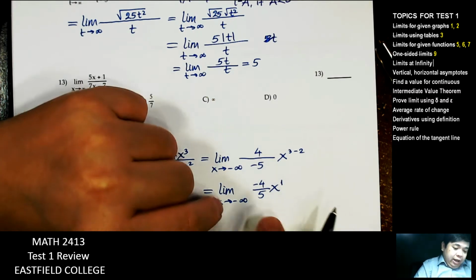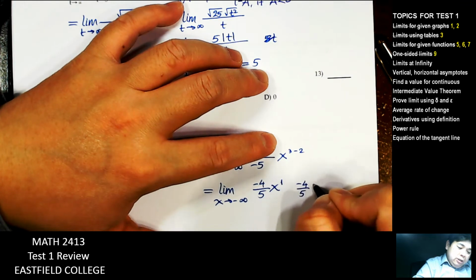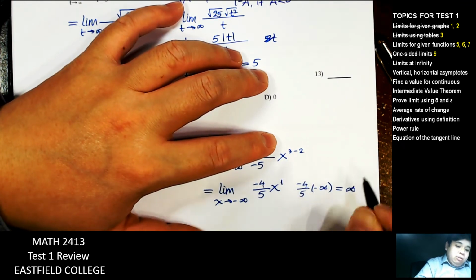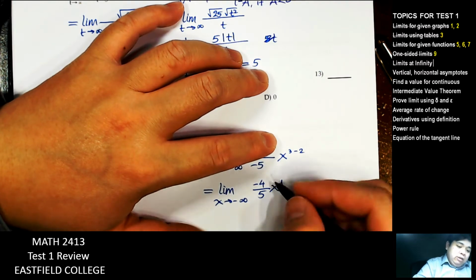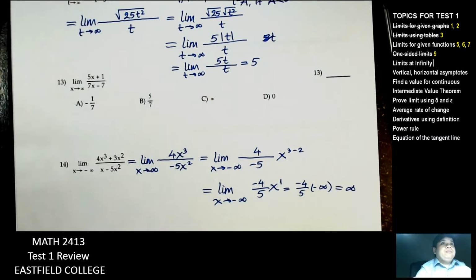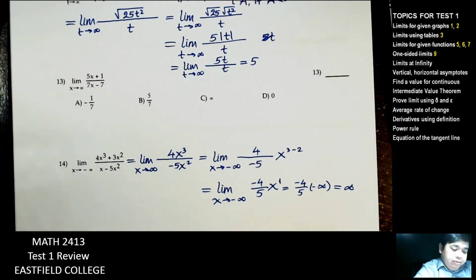Right. Now if we put negative infinity into it, it will end up being positive, because negative times negative is positive. We'll say infinity, because infinity divided by 5 is still infinity.